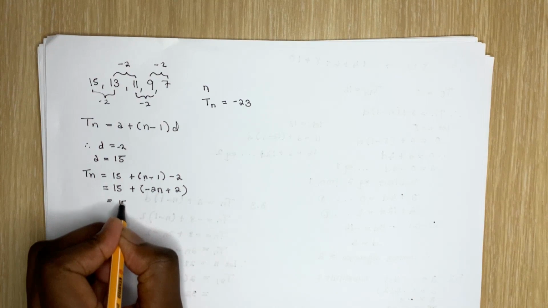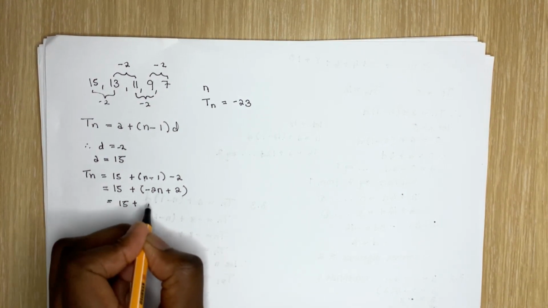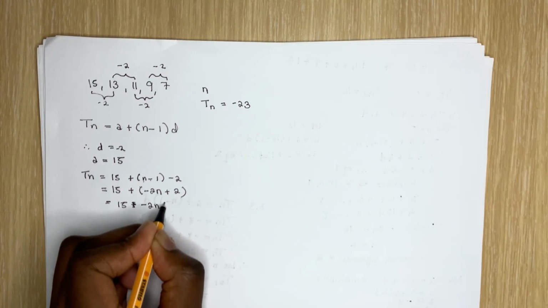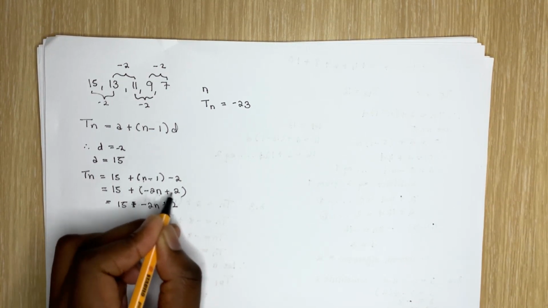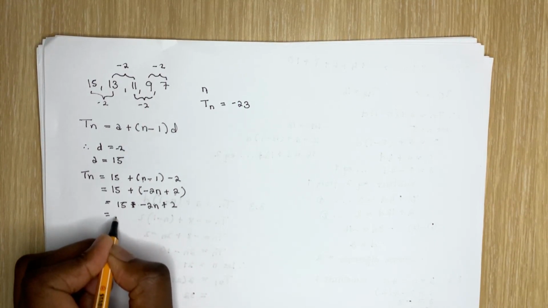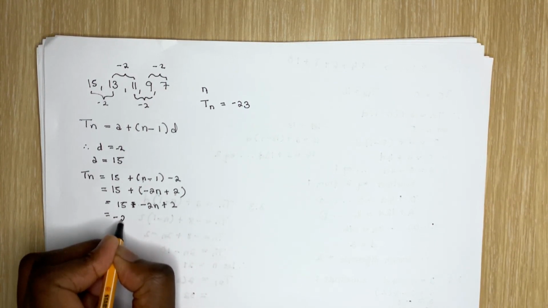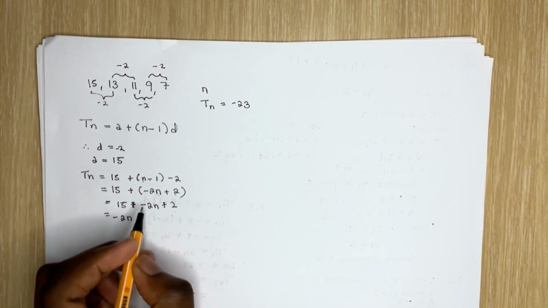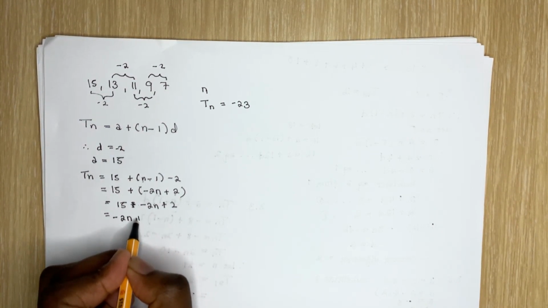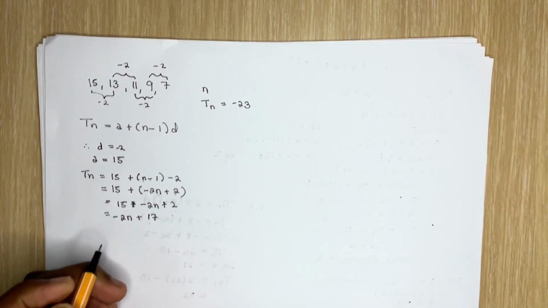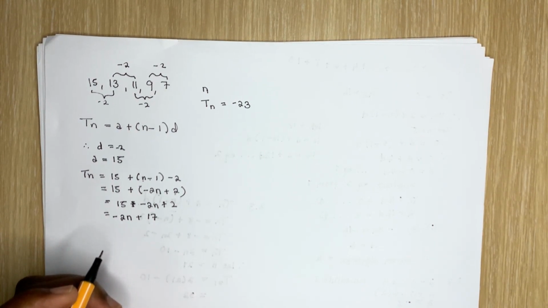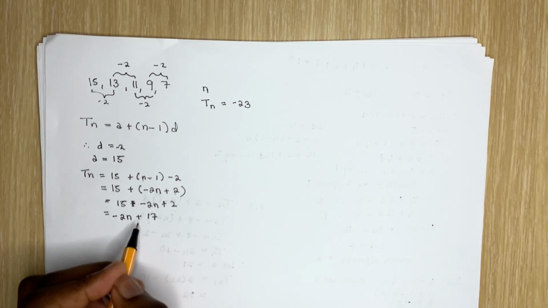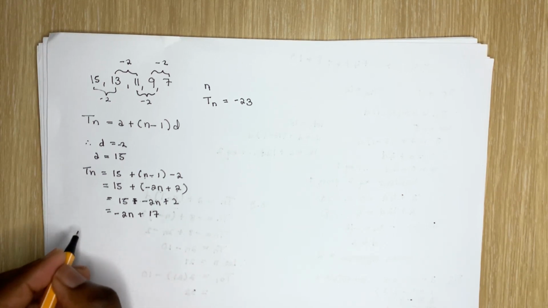We open the brackets, we end up with 15 minus 2n plus 2. So the general term is equal to negative 2n, 15 plus 2, that's 17. So that is our general term, negative 2n plus 17.